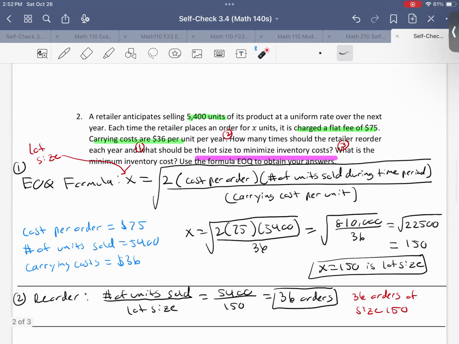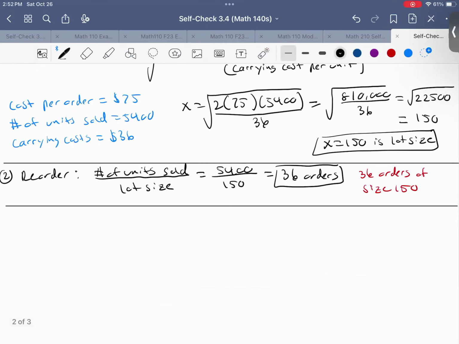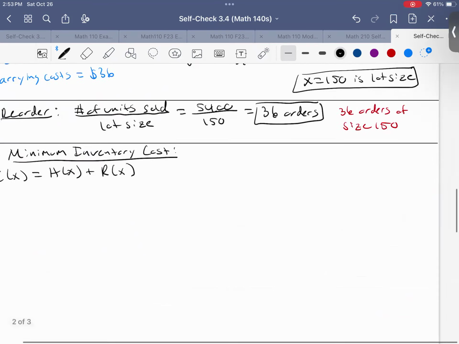So recall that for minimum inventory cost, remember that it's C of X equals H of X, that holding or carrying cost, plus the reorder cost, or the reordering.